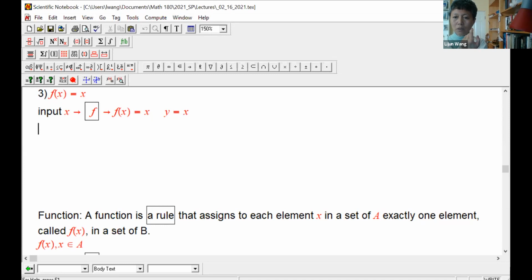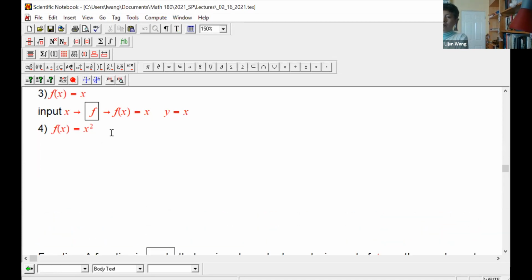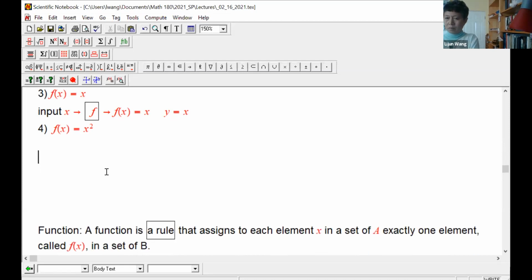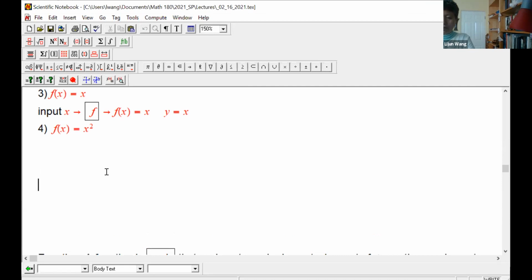And you know what to do, right? We have examples. Let's look at the next one, number 4. I believe everybody knows the graph of this one, right?